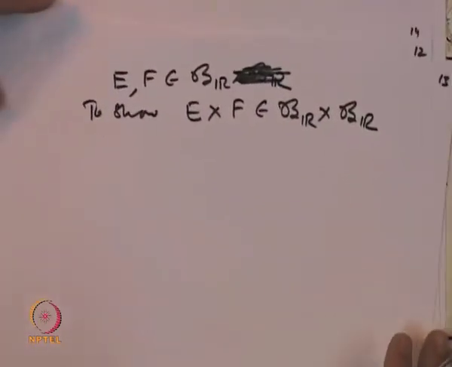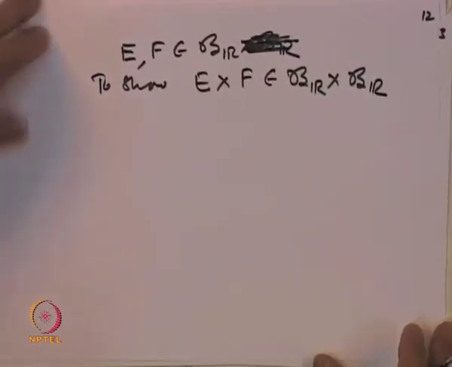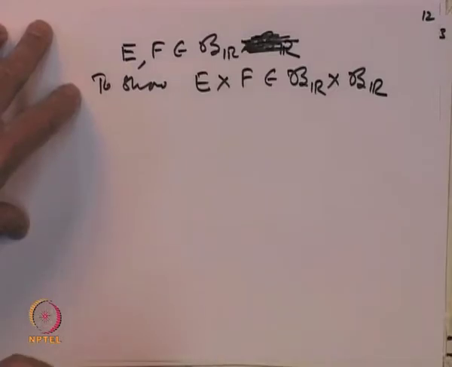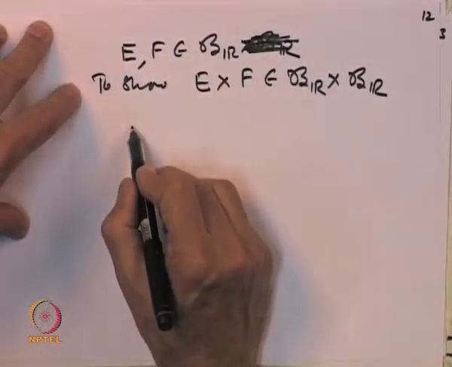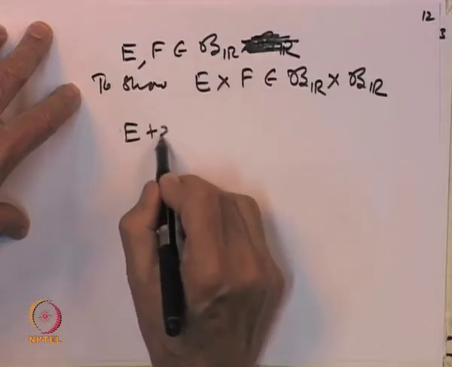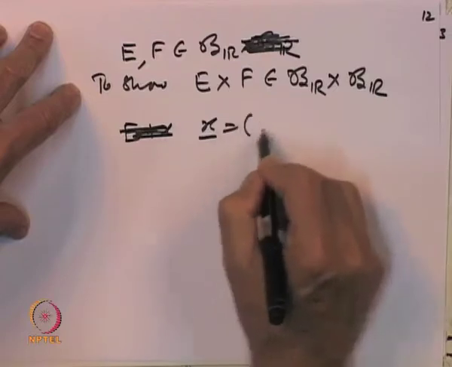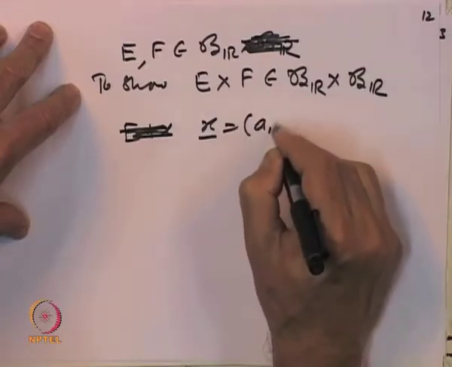To show that, let us observe that E and F belong to B r. Let us take a vector x which is equal to a comma b.